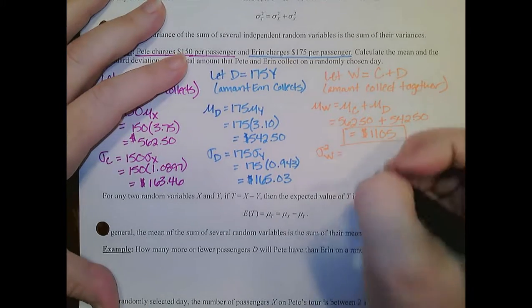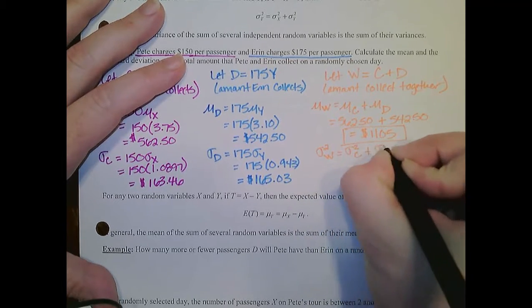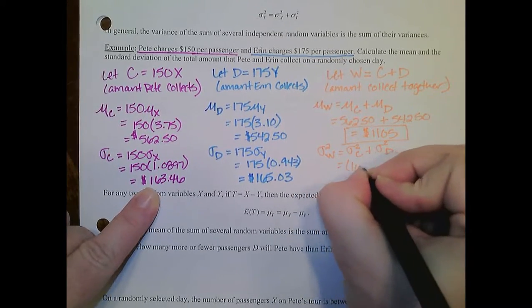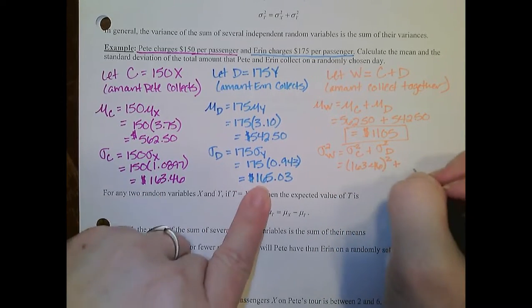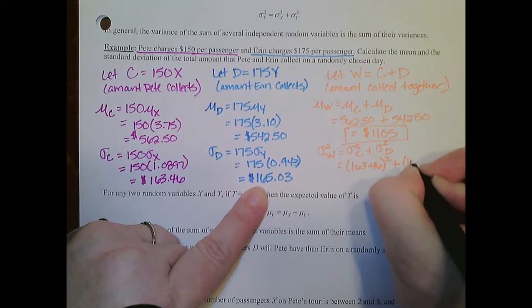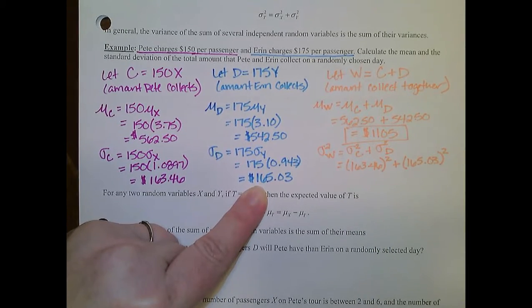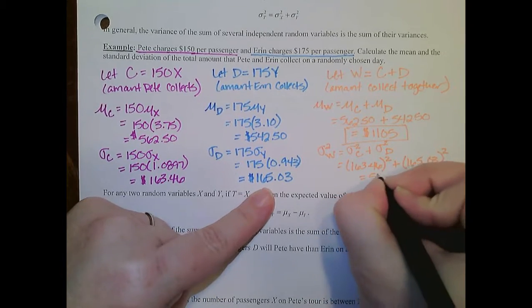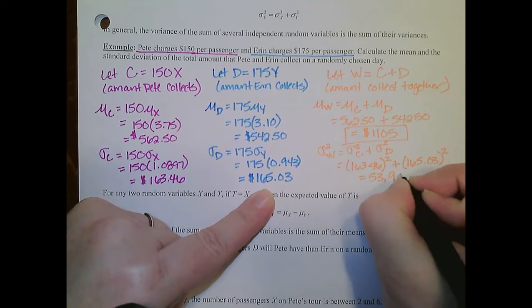So the variance for W is the variance for C plus the variance for D. The variance for C will be the standard deviation, 163.46 squared, plus the variance for D will be the standard deviation, 165.03 squared, which gives us 53,954.07.